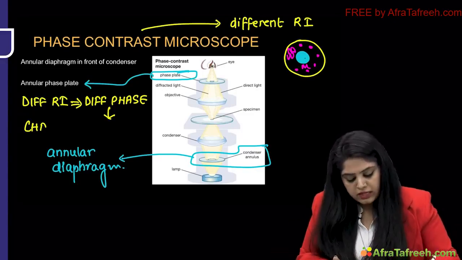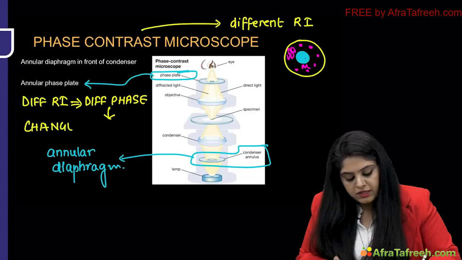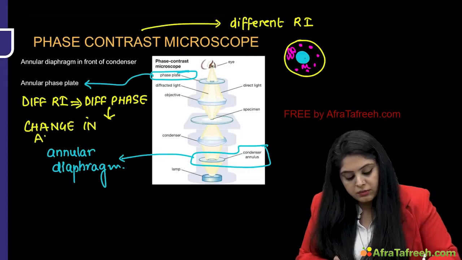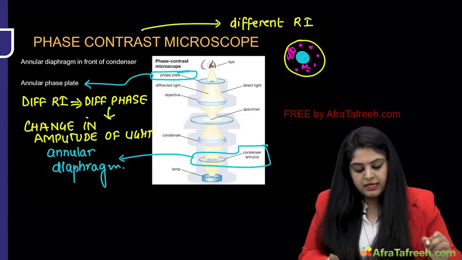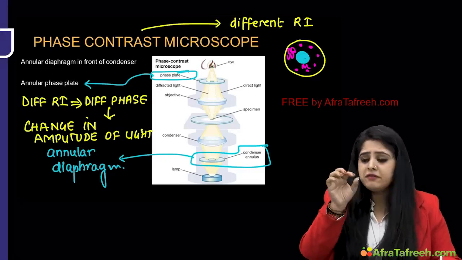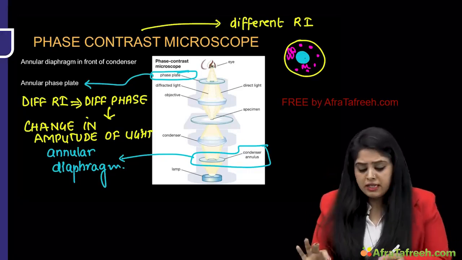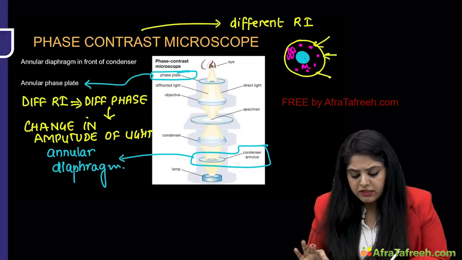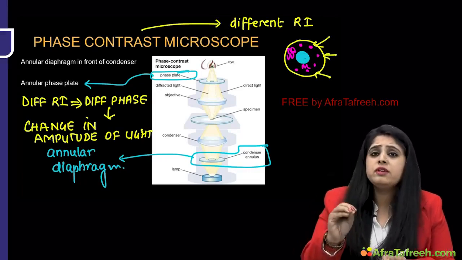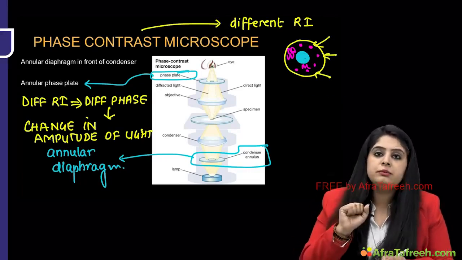That results in a change in the amplitude of light, and that is the principle of this microscope. I hope it will help you see every microorganism in detail, all the internal details, each and every ribosome, each and every mitochondria.